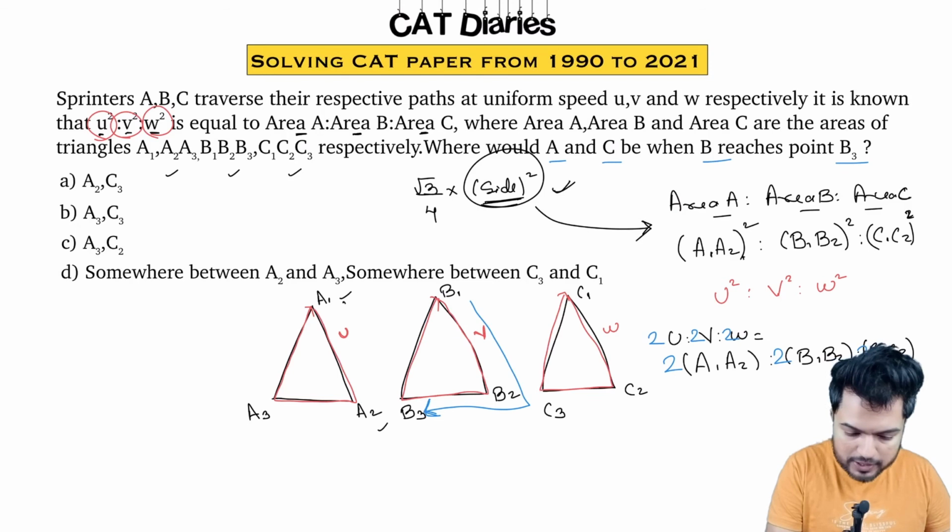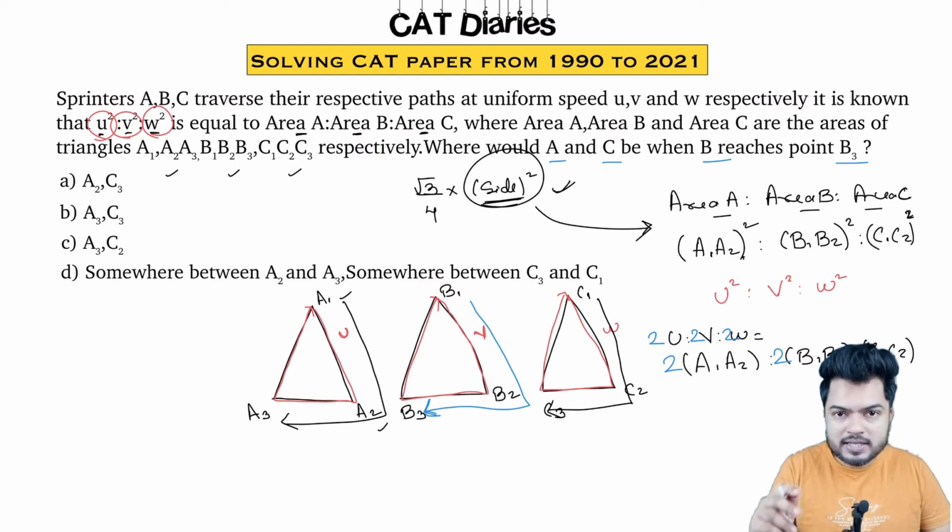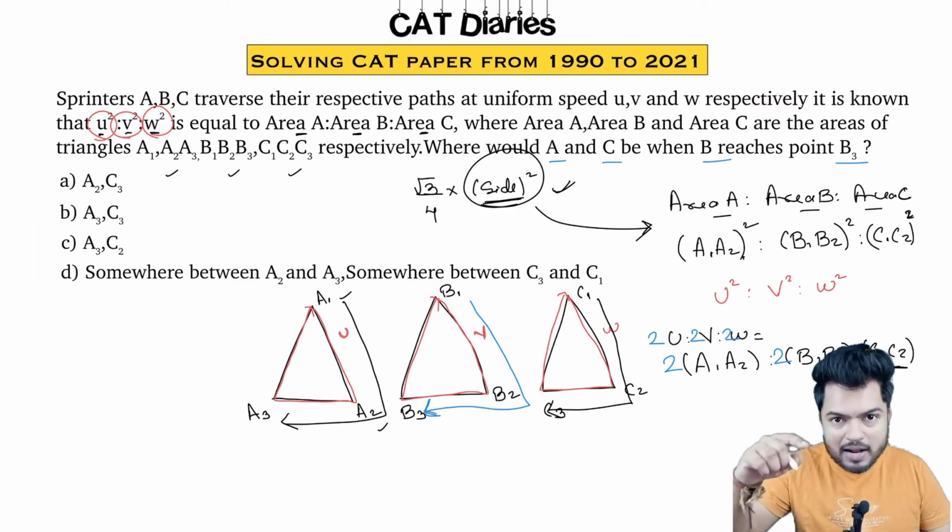If I assume all of them are starting like this and traveling in this way, 2A1, A2 means it is traveling from A1 to A2 and then from A2 to A3, right? Because it is 2A1, A2, twice the side. So when A is traveling two sides, going from A1 to A3, C is also traveling two sides, going from C1 to C3. B is also traveling two sides, 2B1, B2, traveling from B1 to B3.